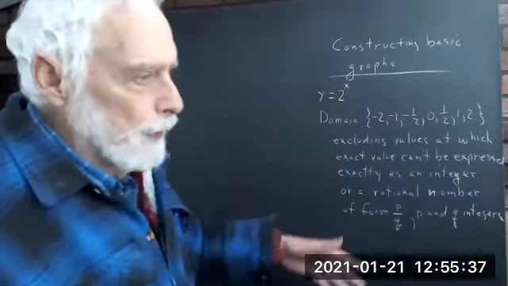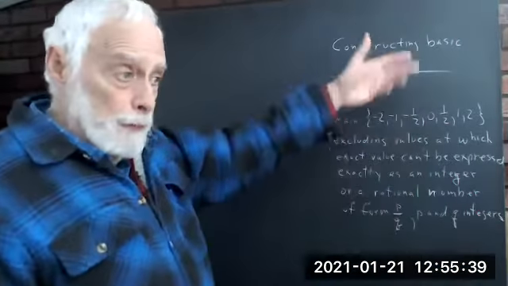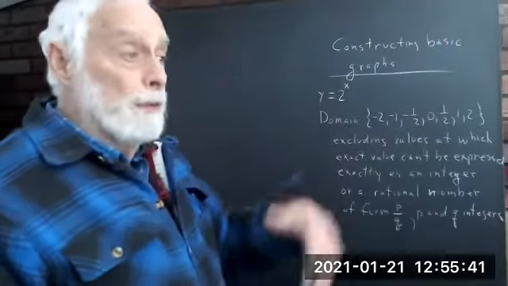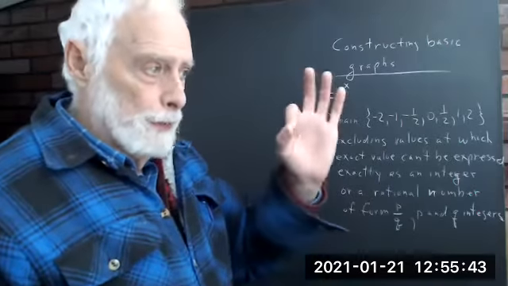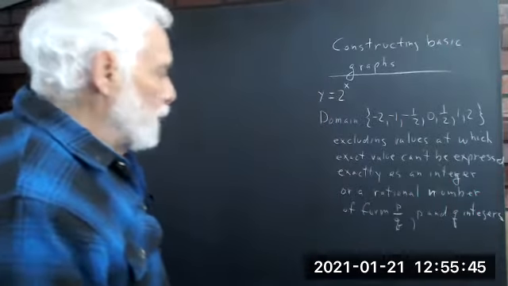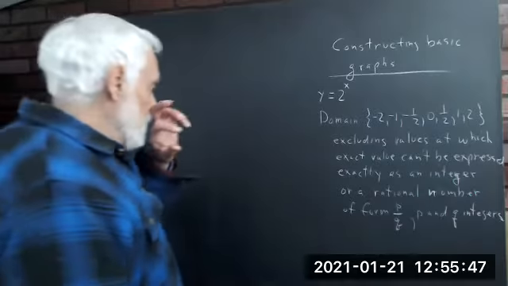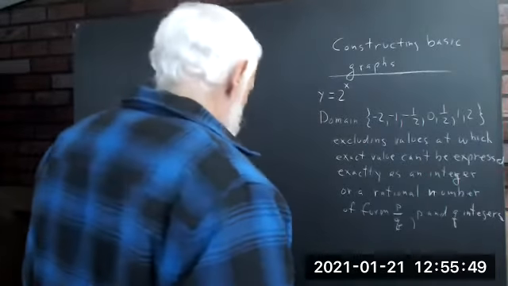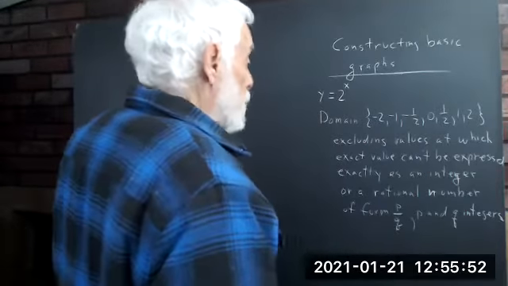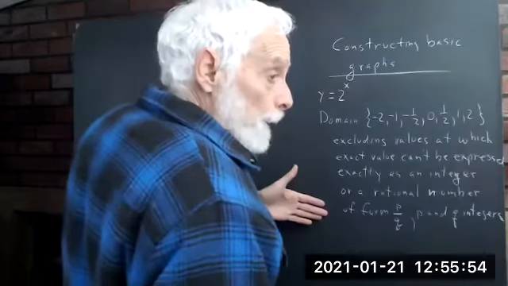And integers are just like your counting numbers, 1, 2, 3, 4, 5, and so forth, the negatives of those numbers, as well as 0. 0 isn't a counting number, but we need it to complete the set of integers. Okay, so that's the definition.